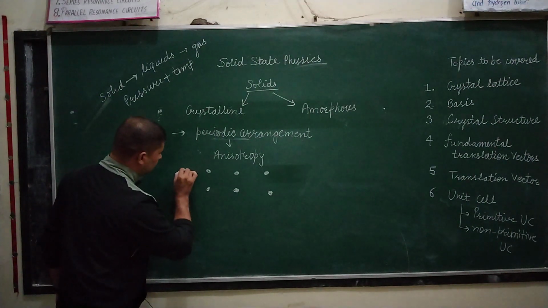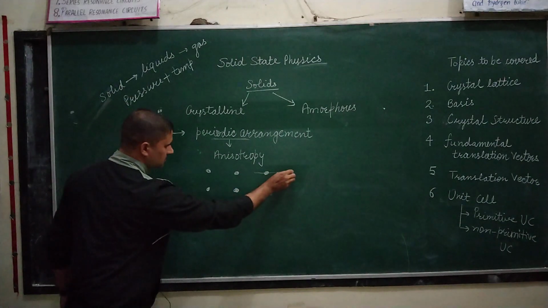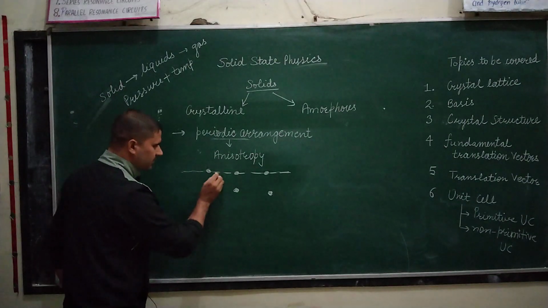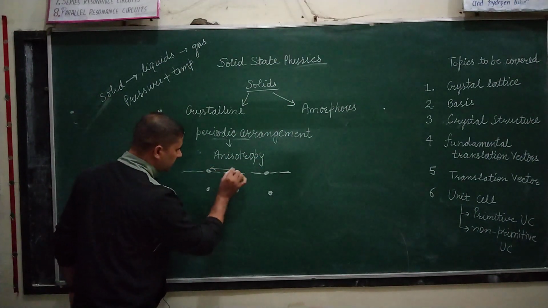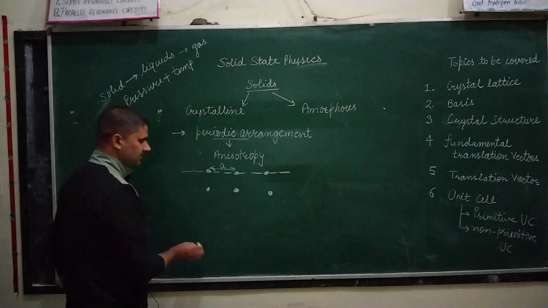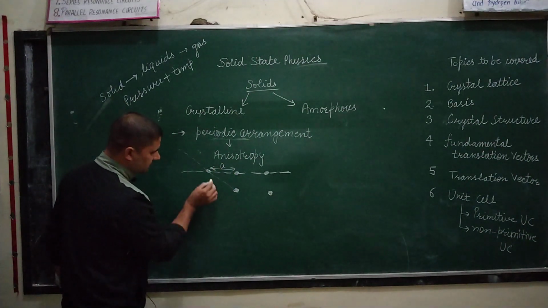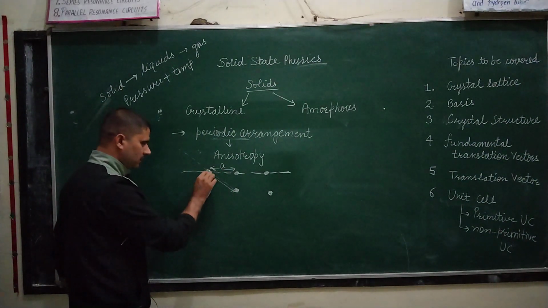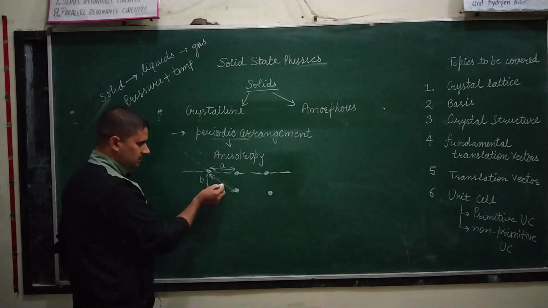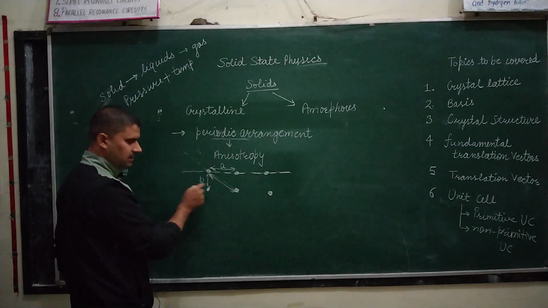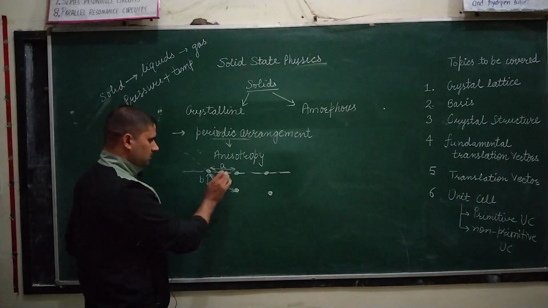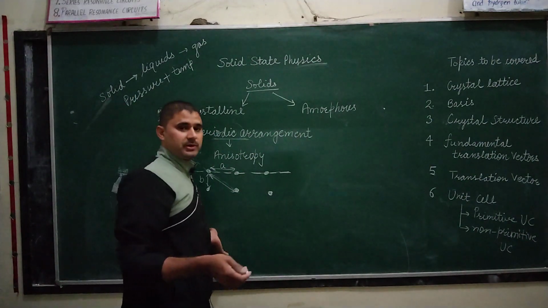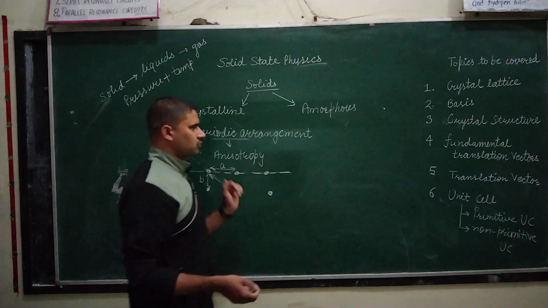You see, if we take this direction, then particles are present at this distance, let this be A. And if you change the direction, then the particles are not at a distance A. Let this be B, then this distance is not equal to A, neither equal to B. So this periodic and definite arrangement gives rise to change in physical property with change in direction.